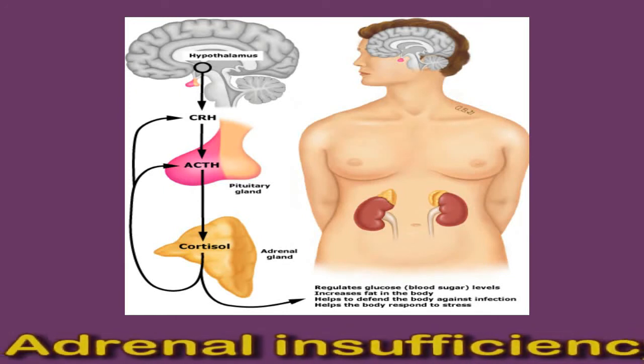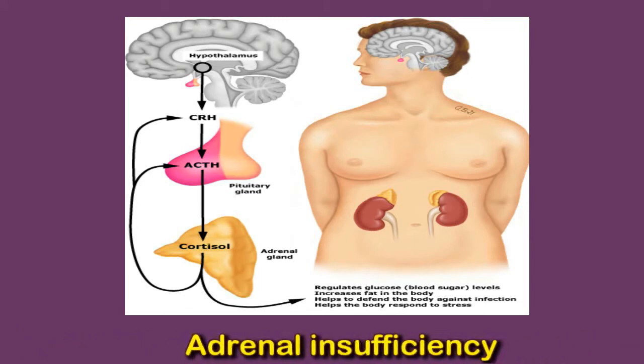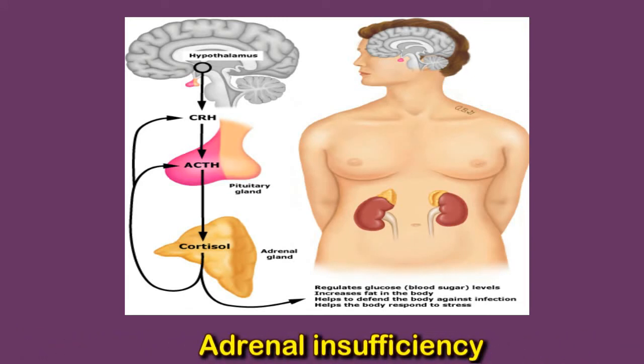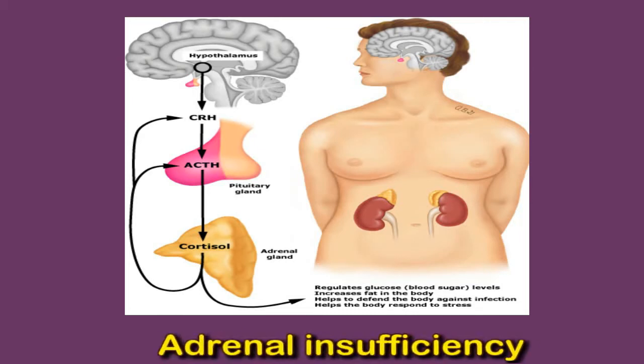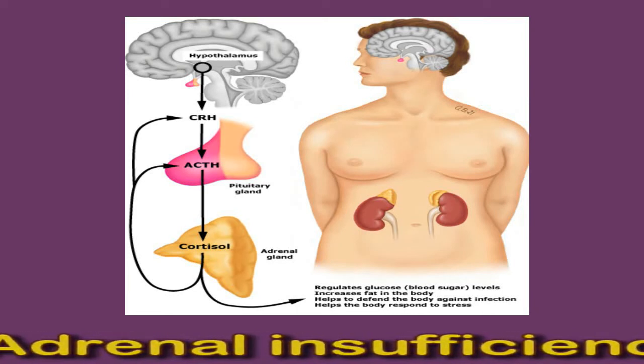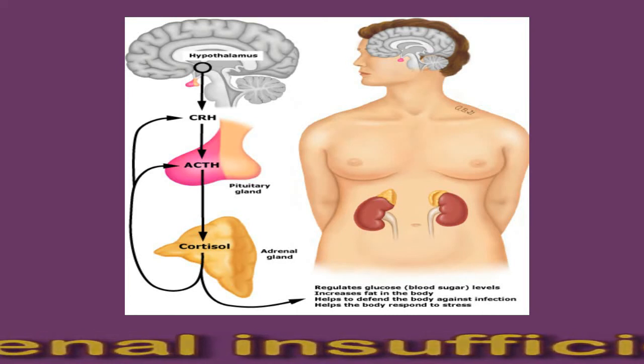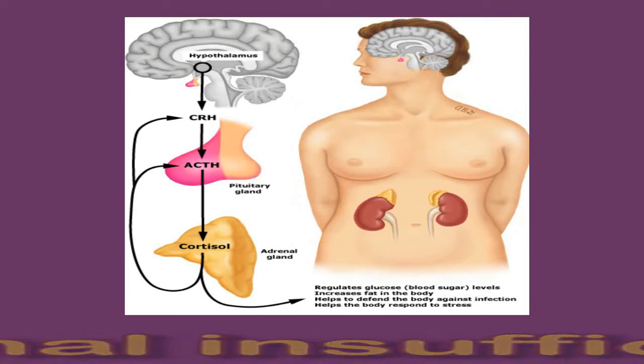Examples of these hormones include cortisol, which helps control blood pressure, inflammation, and metabolism, while aldosterone balances minerals in the blood. By limiting these hormones, adrenal insufficiency causes a wide range of symptoms, from weakness to low blood sugar levels.